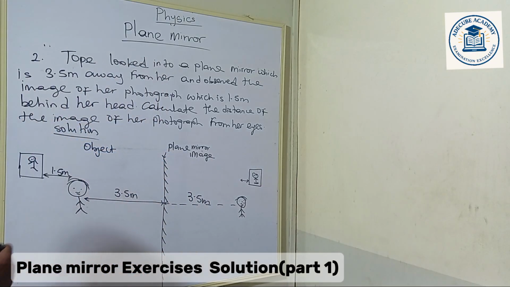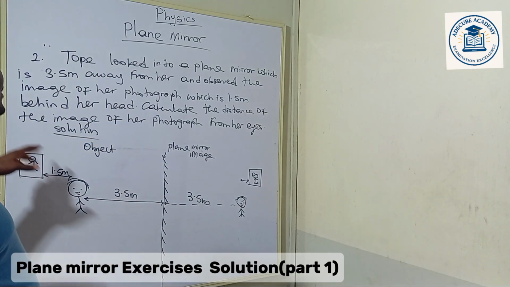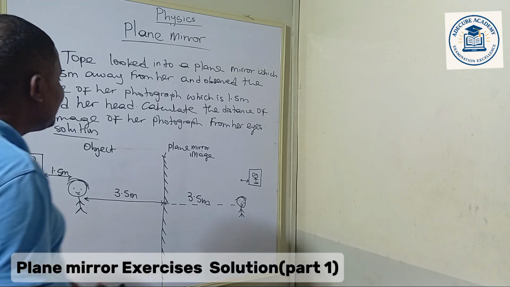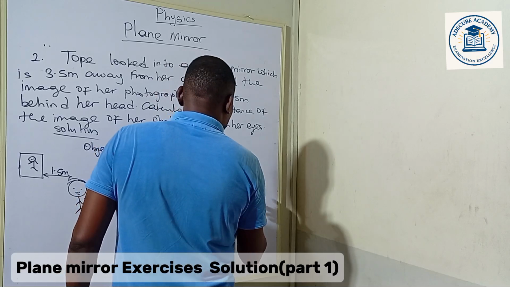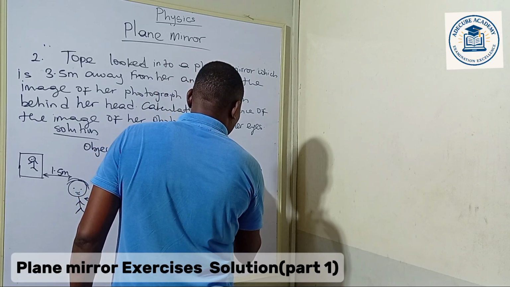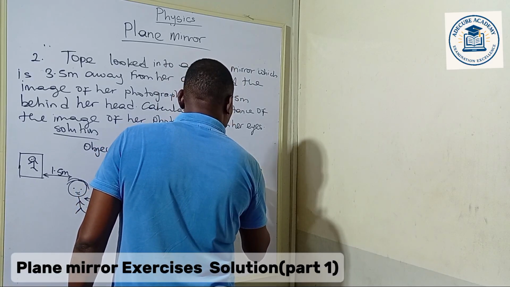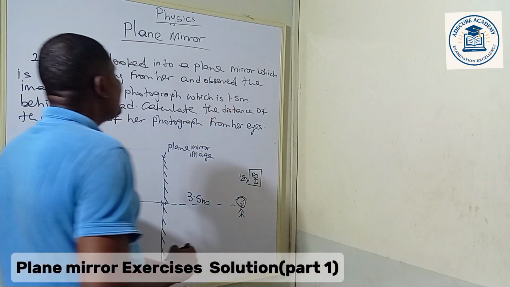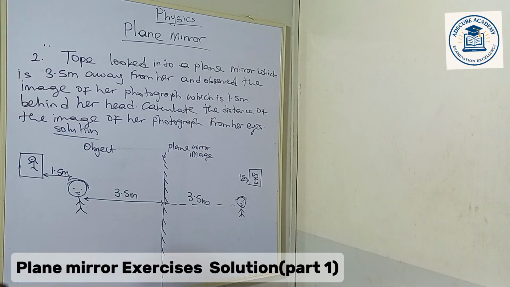The question says, calculate the distance of the image of a photograph from her head. Of course, if this is 1.5, this is going to be another 1.5 for the image.